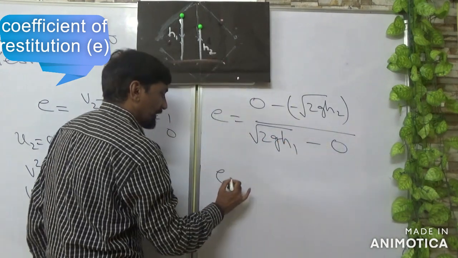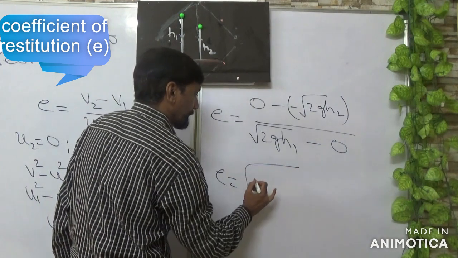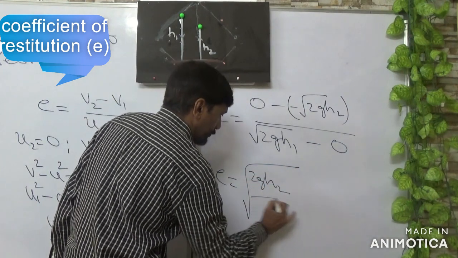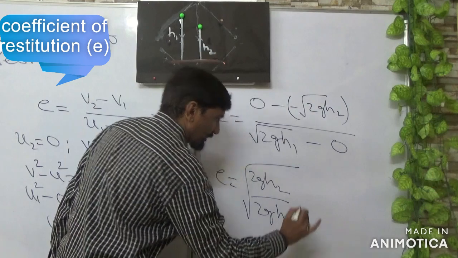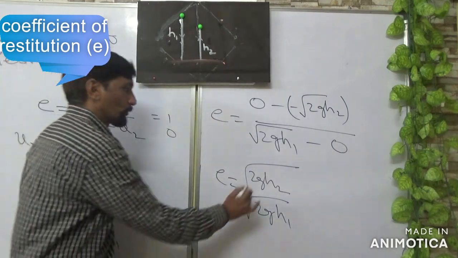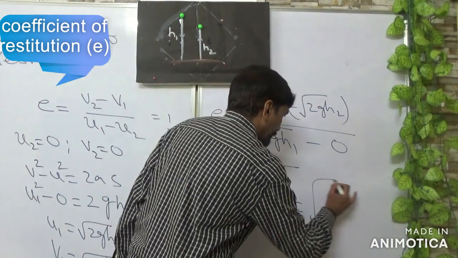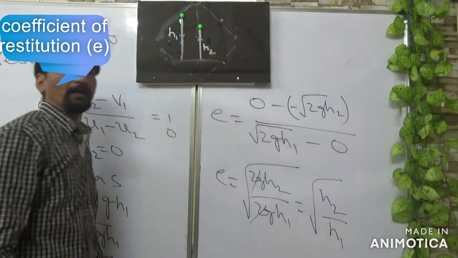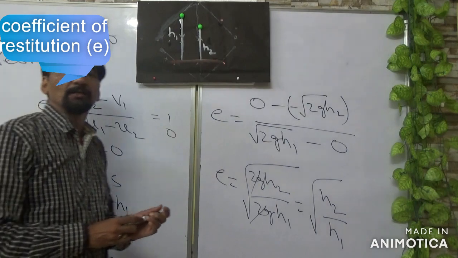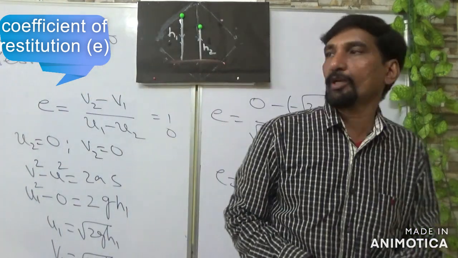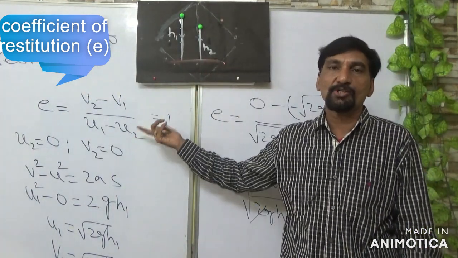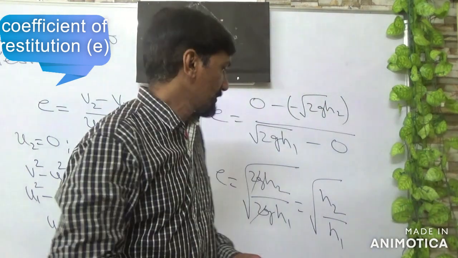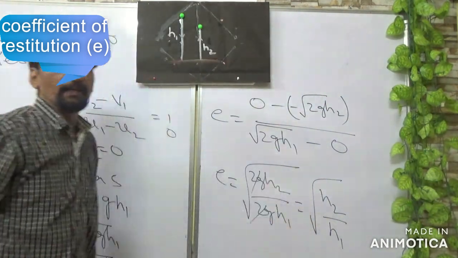So you get E equals root 2g h2 by 2g h1. 2g cancels, giving root of h2 by h1. This is called the coefficient of restitution. It has no units, because it is a ratio. So E is root over h2 by h1.